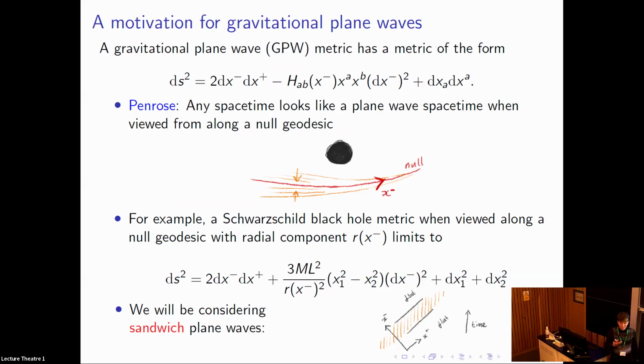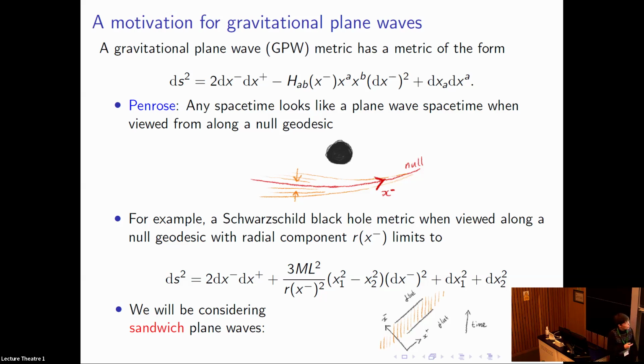One reason that these spacetimes are interesting is because of something called the Penrose limit, which says that any spacetime looks like a plane wave when viewed in a certain limit from along a null geodesic. So if you're an observer and you start approaching a null geodesic in a certain limit, like rescaling your clock and everything, then what you'll observe is something that looks like a gravitational plane wave.